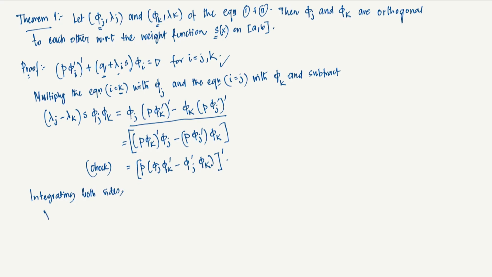Lambda j minus lambda k, then you have integral of r phi j phi k dx, and this integral is of course with respect to x, and then you have this particular thing, the integral and the derivative basically reverse each other, so it will be p times (phi j phi k prime minus phi j prime phi k). Okay, and this evaluated from a to b.